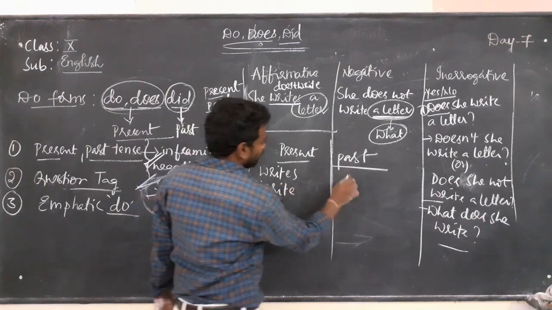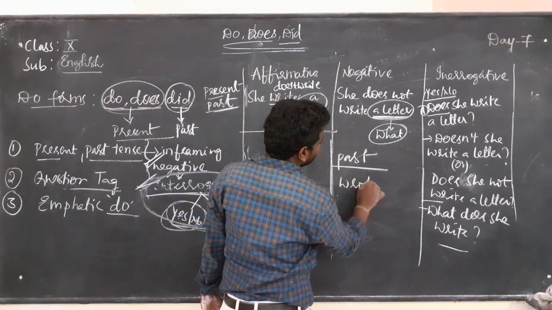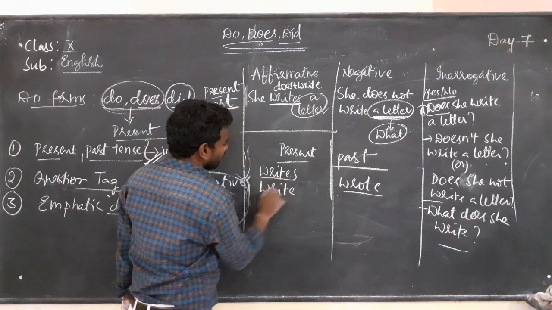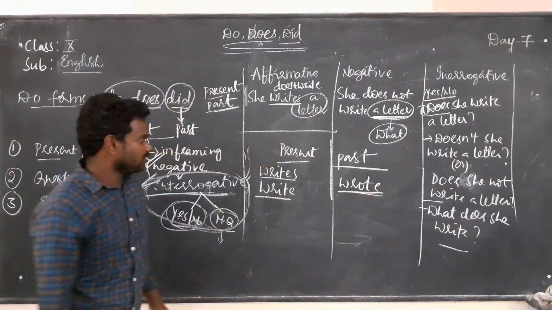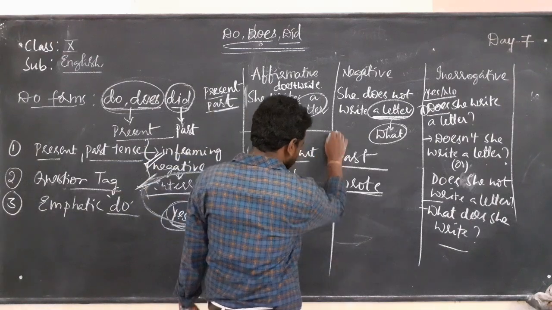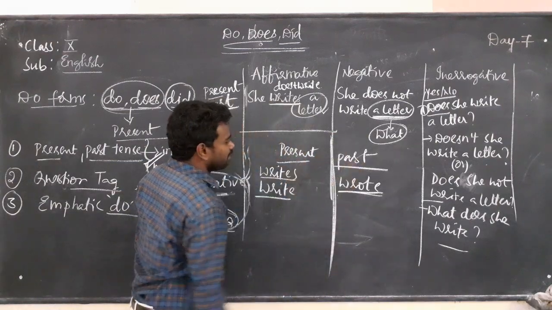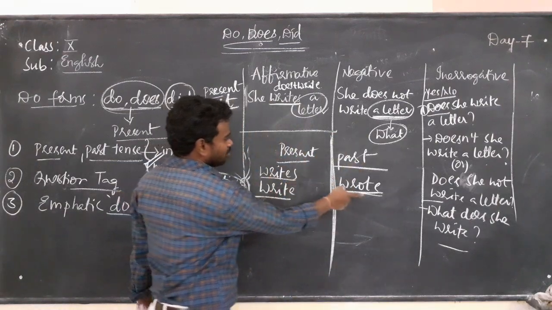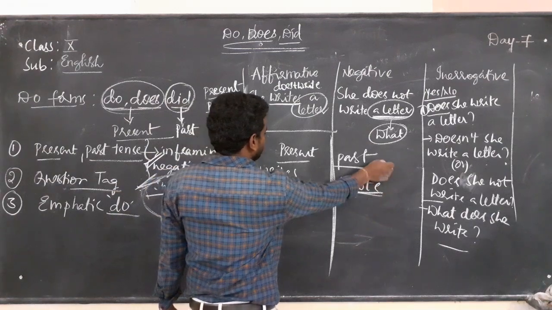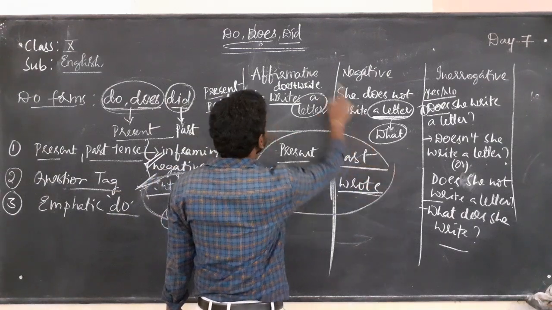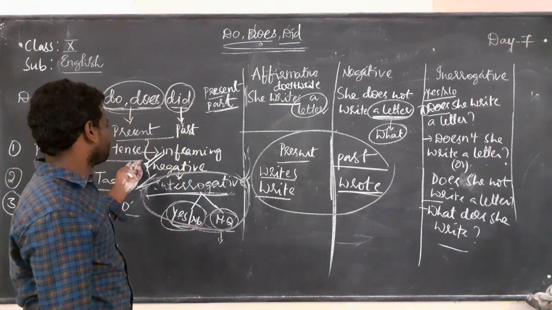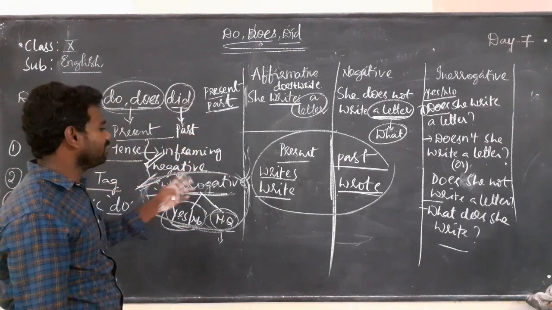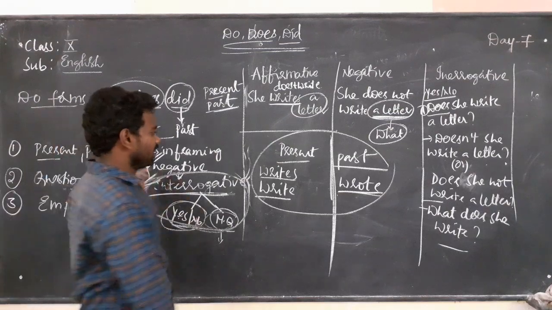The past form is wrote. Writes, write, wrote. Do, does, did always go with present and past forms, especially in framing negative and interrogative sentences.